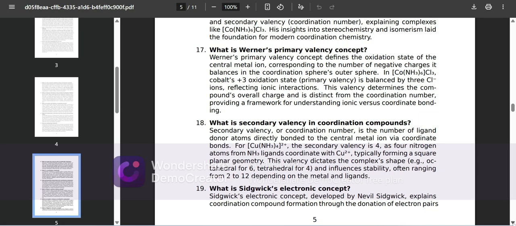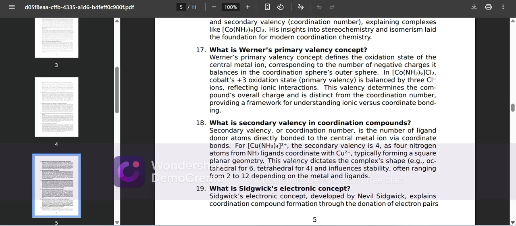What is the Werner primary valency concept? Werner's primary valency concept defines the oxidation state of the central metal ion, corresponding to the number of negative charges it balances in the outer sphere. In Co(NH3)6Cl3, cobalt is in the plus 3 oxidation state.